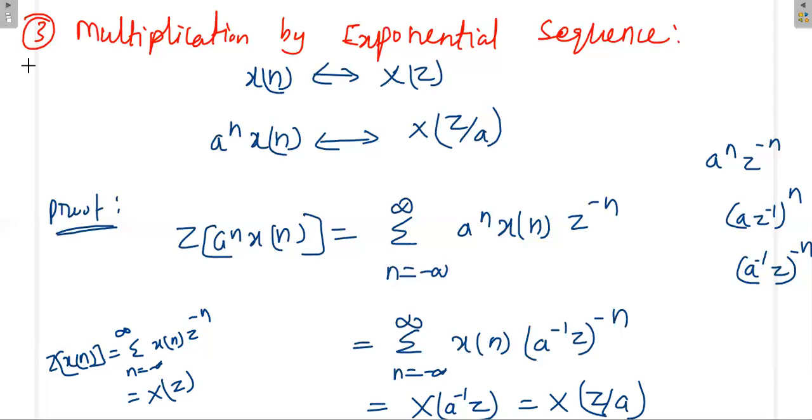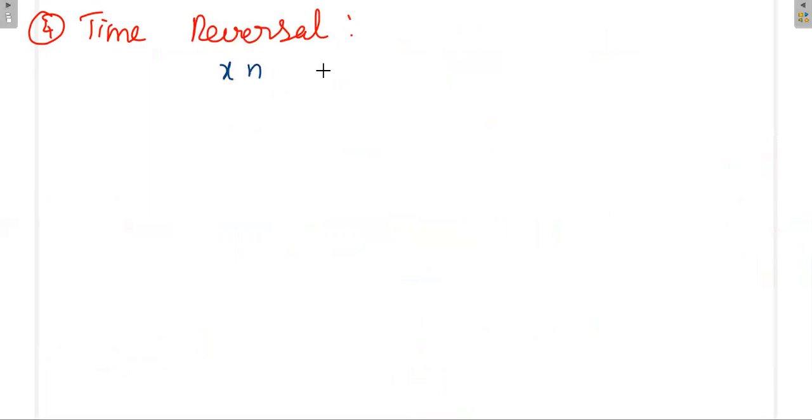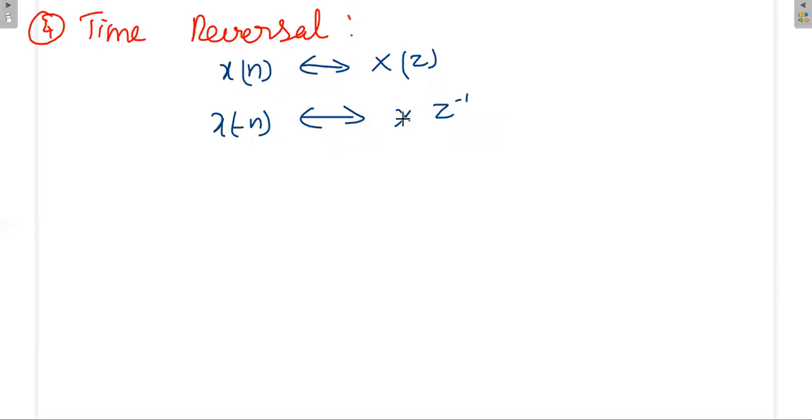Next property is time reversal property. X of n and x of z are a transform pair, and the transform of x of minus n is x of z inverse.